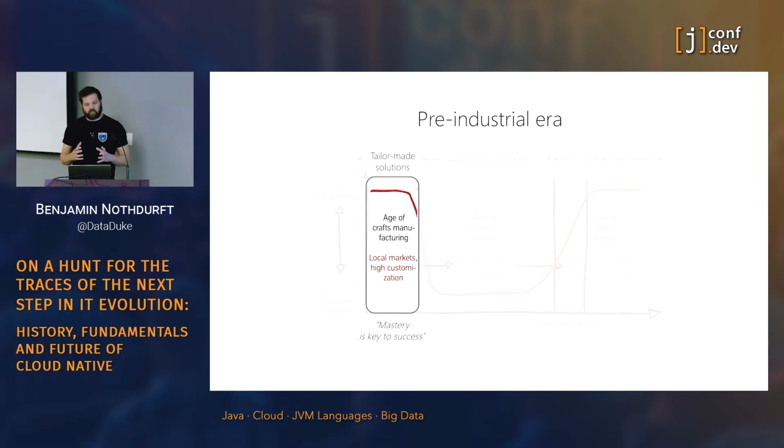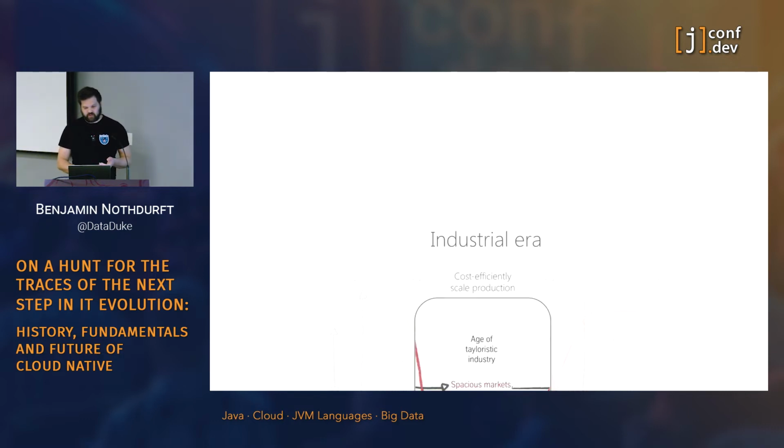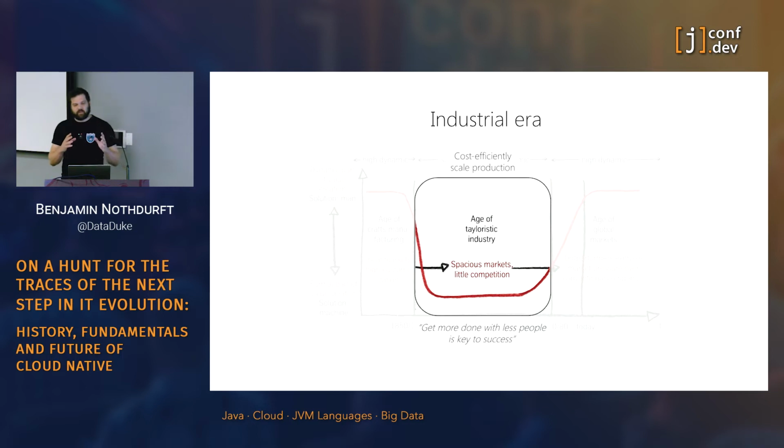Everything was manufactured by hand, basically, and you had local markets at that time with high customization. So the winning factor for any company was to master these tailor-made systems, right? And later on, when we had industrialization, we could scale. So we had supply chains already, and there were a lot of workers that did the same step over and over again.